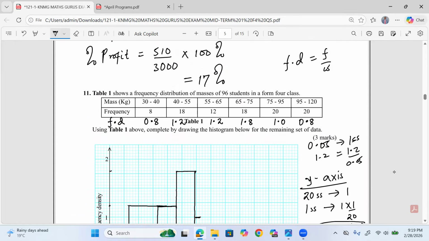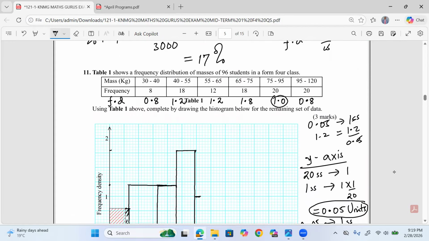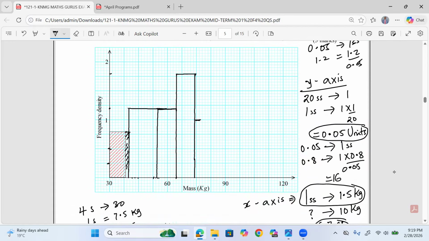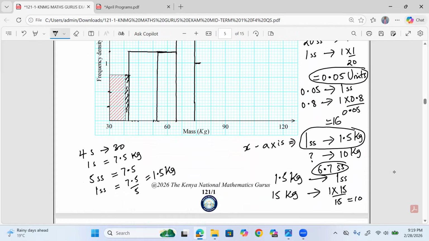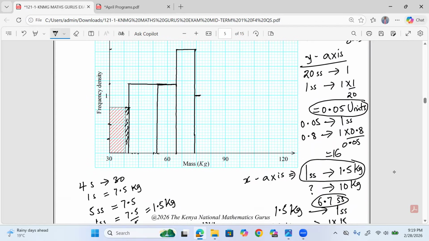The frequency density of 1 is already indicated. What about the interval from 75 to 95, which is 20? We take 20 and we divide by 1.5. This is 13.3. So the point is already here. So we add 13 of them: 5, 10, and 3 others up to that point. We raise up to height of 1.